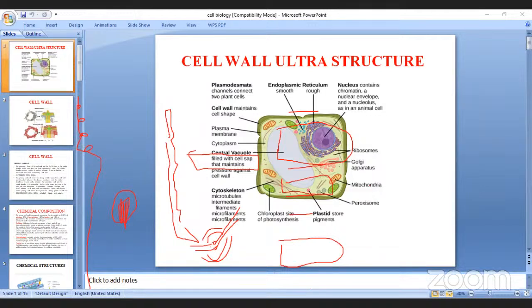Heterochromatin is tightly packed and euchromatin is loosely packed. That is one difference. Darkly stained is heterochromatin and euchromatin is lightly stained. Compactly arranged is heterochromatin, loosely arranged is euchromatin, right? So that is the main difference between heterochromatin and euchromatin.